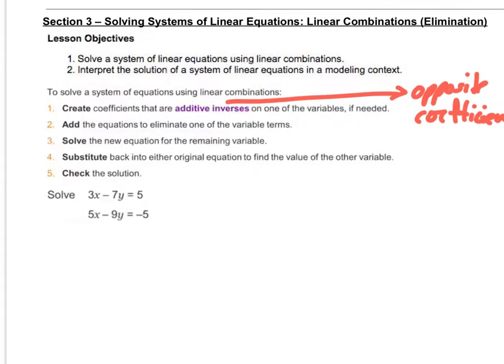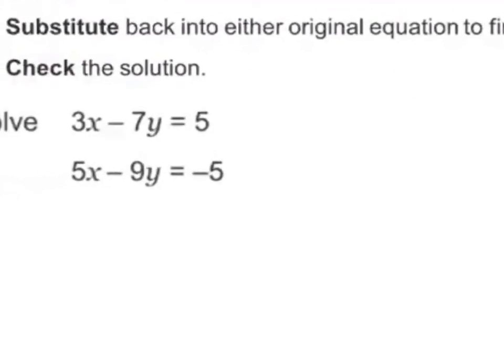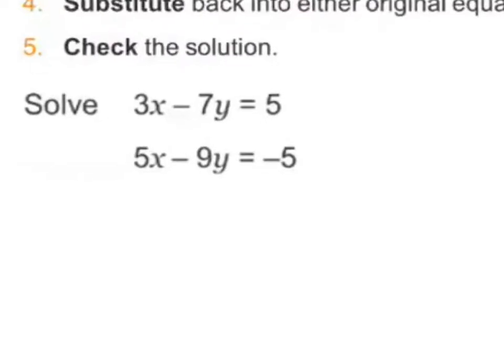Okay, so what we want to do here is solve this system. 3x minus 7y is equal to 5, and the other equation is 5x minus 9y is equal to negative 5. So what I want to do is multiply this equation by something and this equation by something so that we get opposite coefficients, additive inverses. The method I would typically use here is to try to use the smaller numbers.